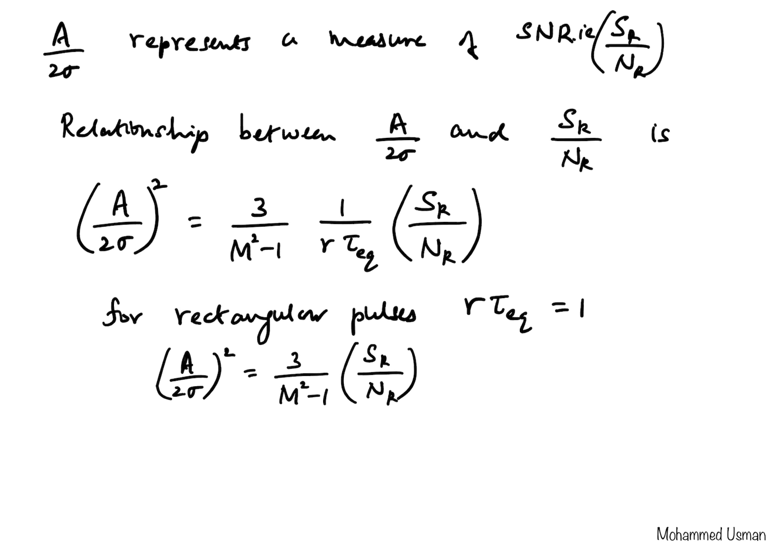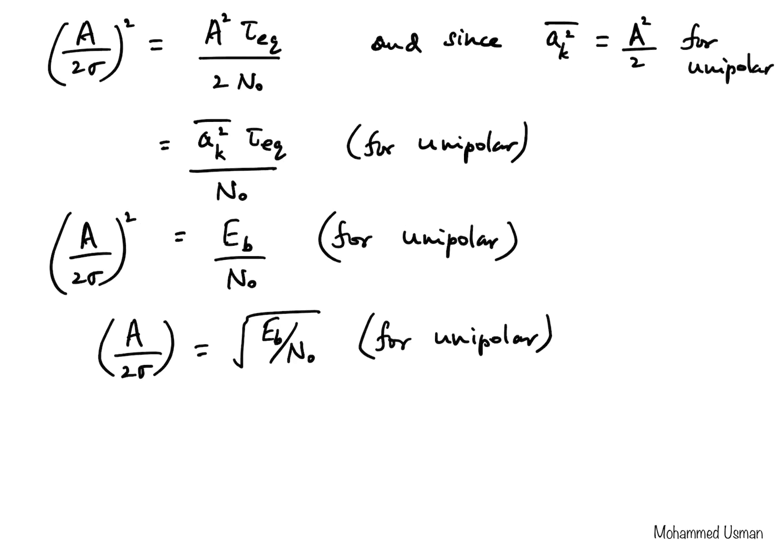This term, A by 2 sigma the whole square, will be maximum when the noise power at the output of the receiver filter is minimum. When NR is minimum, the signal to noise ratio will increase, and this whole term will also increase. The minimum value of NR is achieved when using a matched filter, and that minimum value is equal to N0 by 2 tau equivalent, which we have seen earlier.